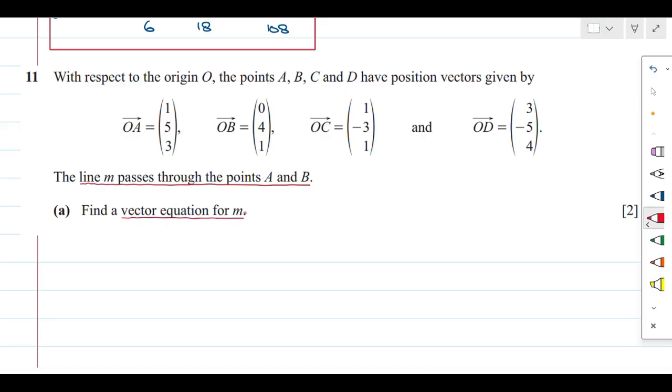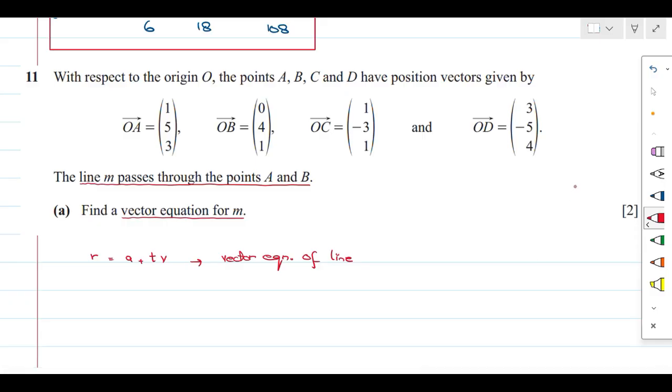Okay, so the vector equation of a line has an equation r equals a plus t times v. This is the vector equation of a line.